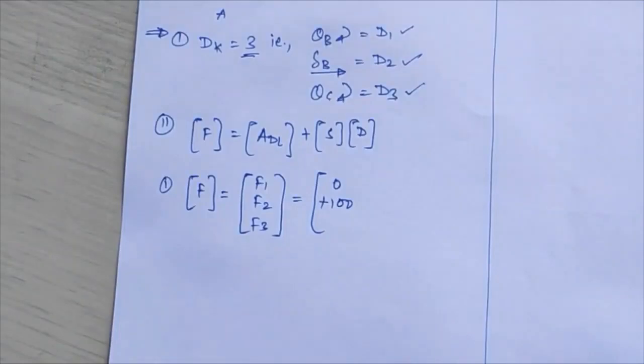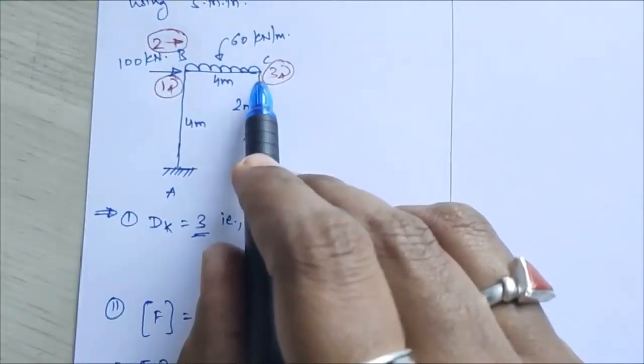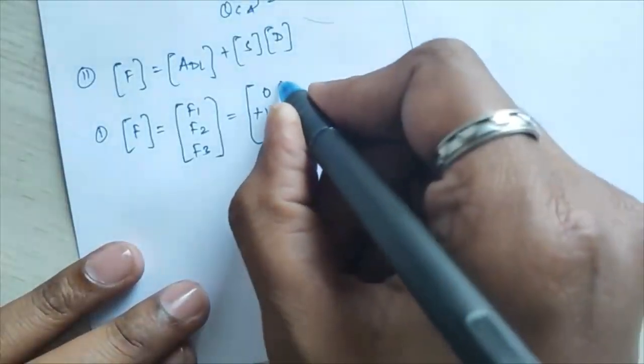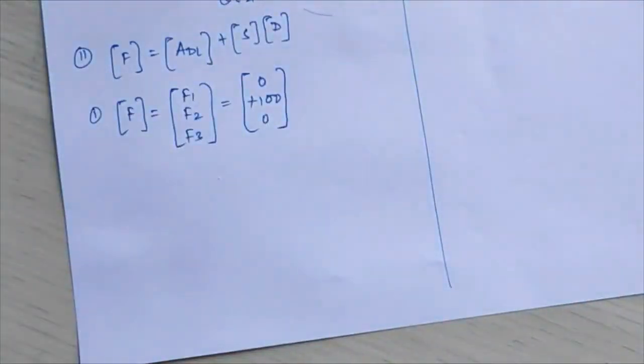If the direction is opposite to your assumed direction, then that will be negative 100. Next is F3: you have to see the corresponding moment acting at joint C. No, there is no moment, so F3 will also become 0. So I am getting the F matrix, F1, F2, F3, as 0, 100 and 0.